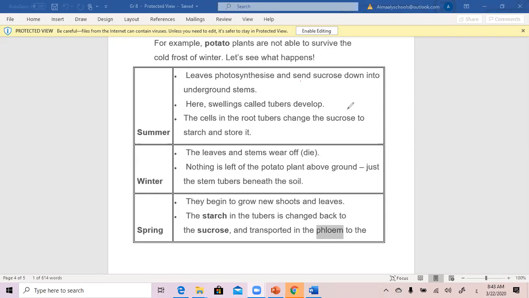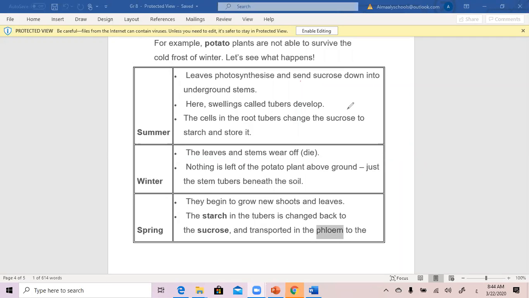Okay, Abdurrahman Hisham. Transport manufactured food in the form of sugar and amino acids. Thanks. Another one.